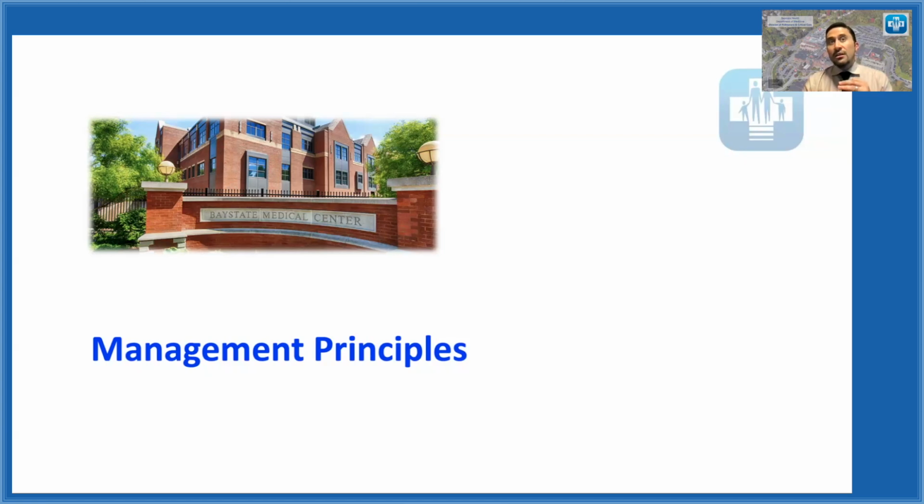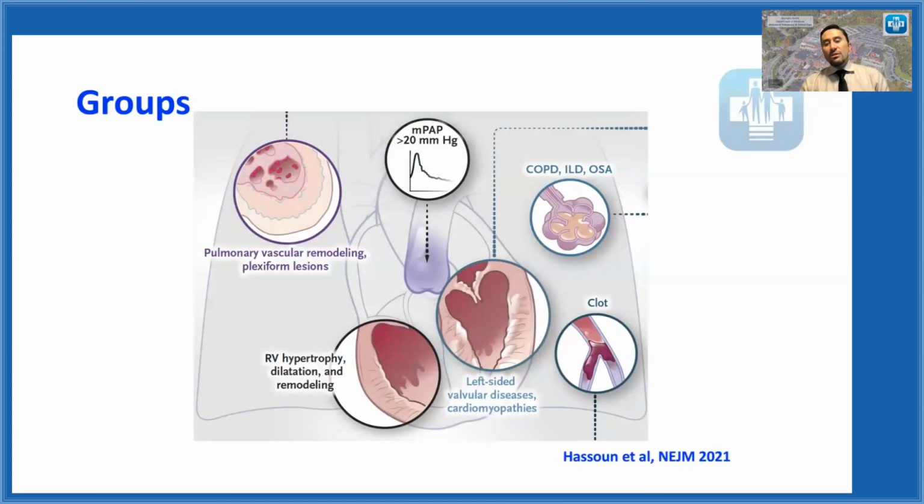Patients who have a history of blood clot, or sometimes without that history, we always screen them for the presence of chronic clots because the treatment pathway is different. So our job when we get a referral for evaluation of patients with pulmonary hypertension is that we try to identify which category they fall in.